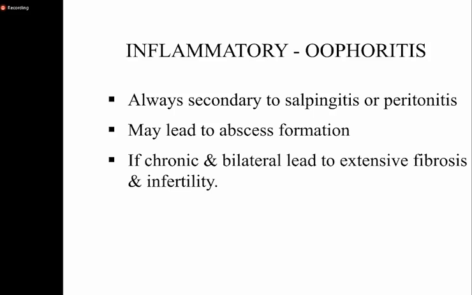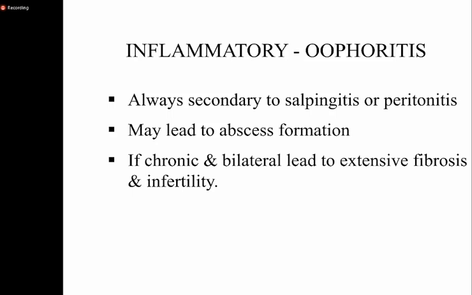For example, if you have widespread tuberculosis, then it can end up as pelvic inflammatory disease or tuberculosis in the ovary, in the fallopian tubes, in the endometrium, and so on.